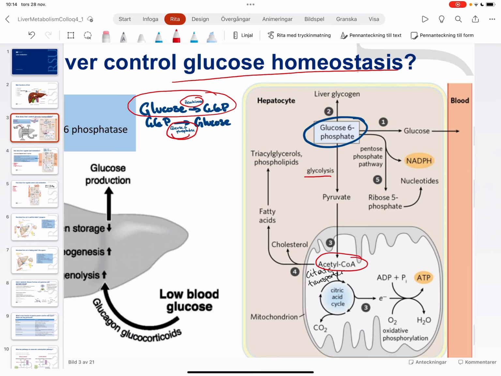Therefore, we will accumulate a lot of citrate, and we want to store the energy instead. When we have a lot of citrate, the citrate transporter allows citrate to get outside, into the cytosol. So this is the cytosol. In the cytosol, the citrate will be converted into acetyl coenzyme A, and then we can make cholesterol synthesis, fatty acids, TAGs and phospholipids.